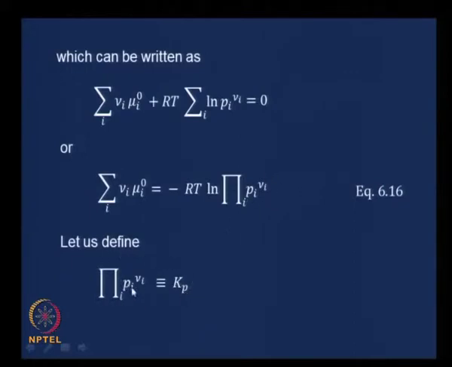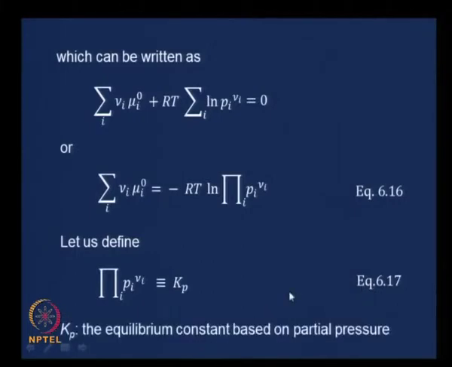So, product over i of Pi power nu i is defined as Kp, equation 6.17, and therefore, we can write 6.16 as minus RT ln Kp equals sum over i nu i mu i naught.